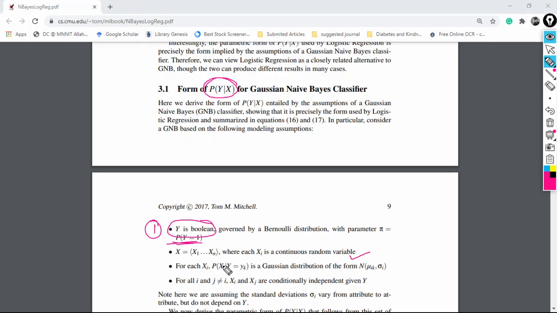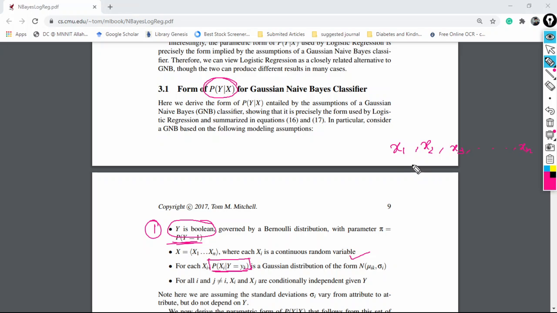For each xi given a class label, this is a conditional probability. It means for each data point we have a class label. Suppose we have data points x1, x2, x3, up to xn, and in these data points we have already been given the class label.